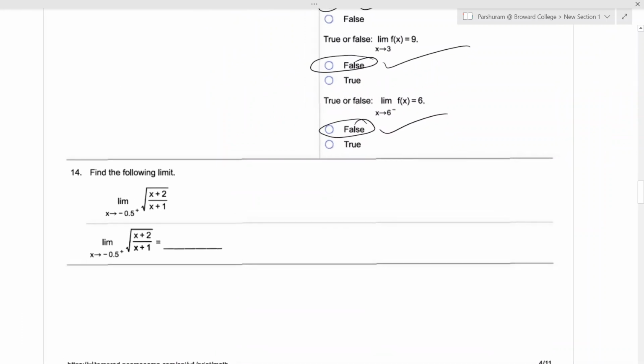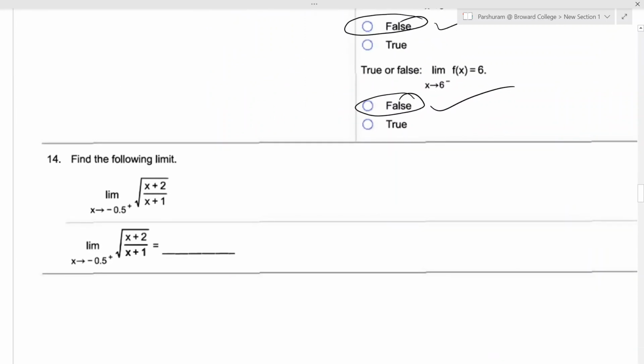Now let's go to problem 14. We need to find the following limit when x approaches negative 0.5 from the right side. We need to find the limit because the limit of the function does exist here from the right side. To find the limit, you just have to plug in the value.